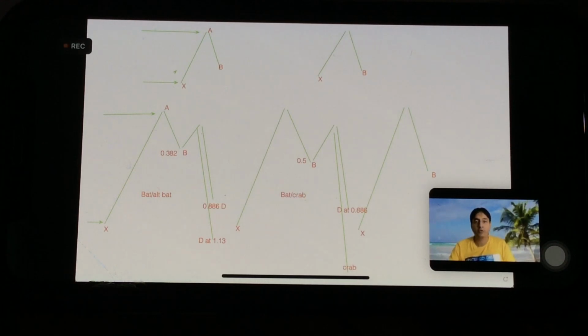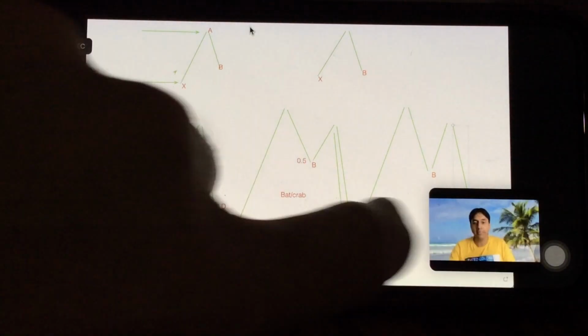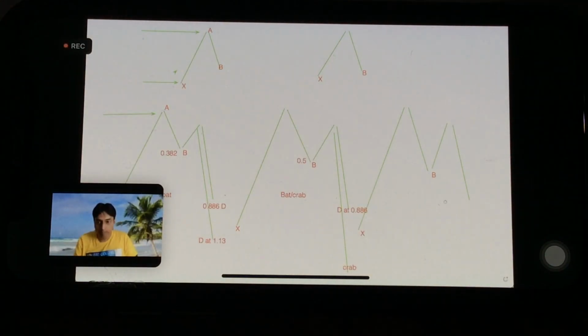Right? When it comes to 1.618, X, A, B, C, then D can be at 0.786. That will be Gartley, right?